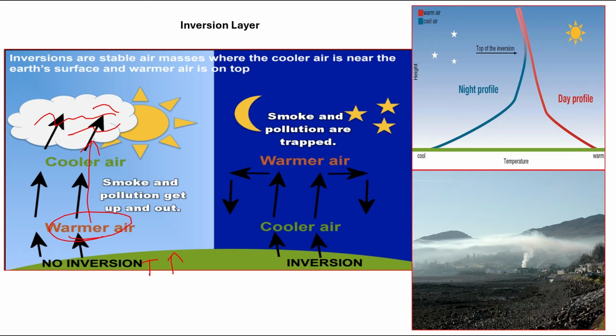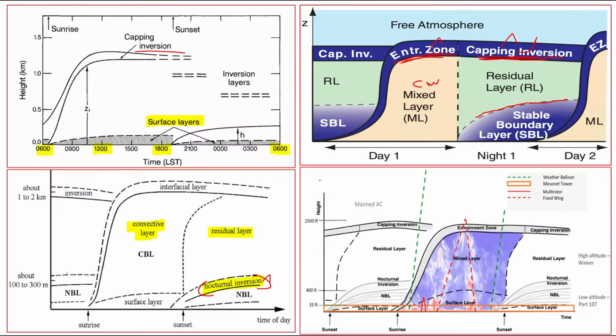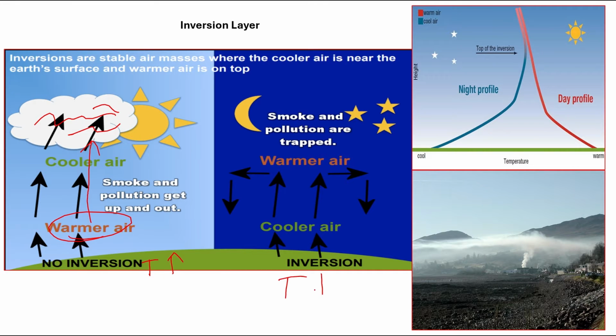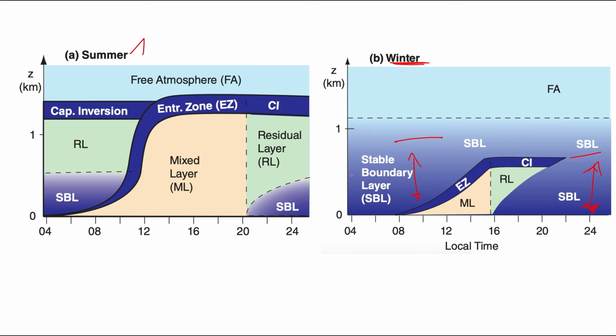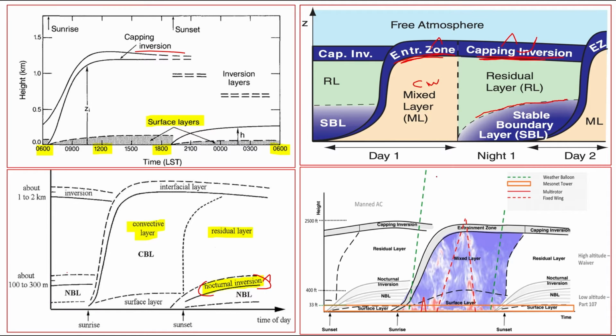But in the night, the surface temperature is very cold, so the air next to it is very cold and denser, but above that we have the trapped residual layer. Maybe I will go to that picture. Yeah, here you see. This is the nocturnal boundary layer, a very low temperature profile, but above that we have the residual layer, with very high temperature.